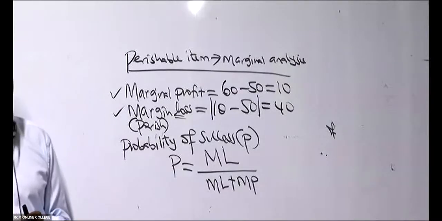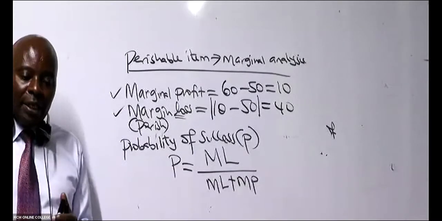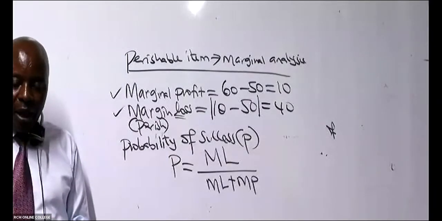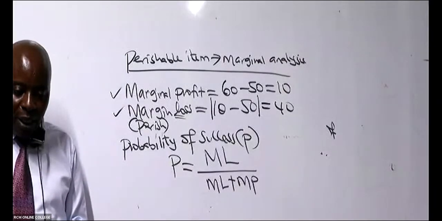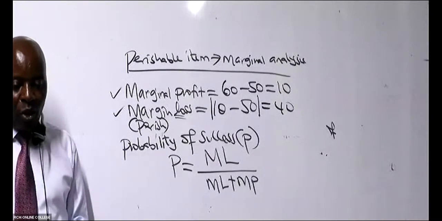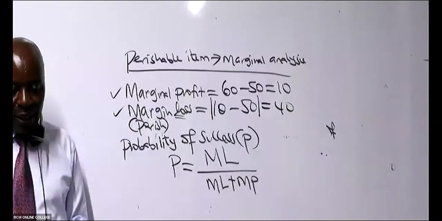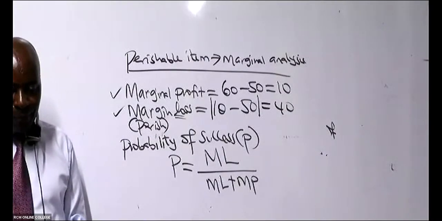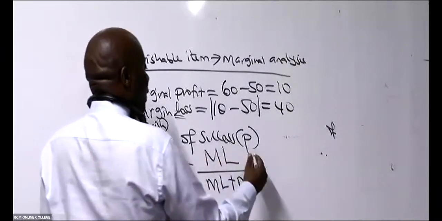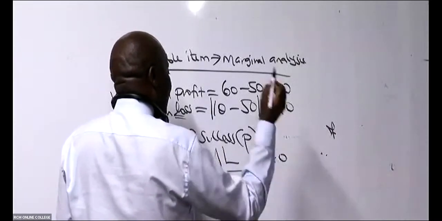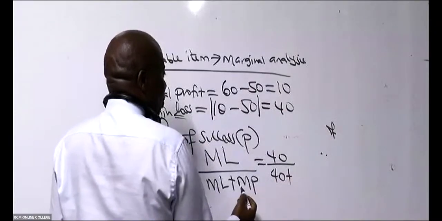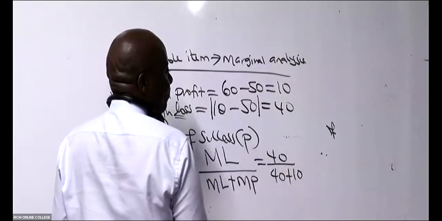Anytime they want us to get the probability of succeeding, we take marginal loss all over marginal loss plus marginal profit. The marginal loss is 40 bob. Ignore the negative sign. So it is all over 40 plus marginal profit of 10.